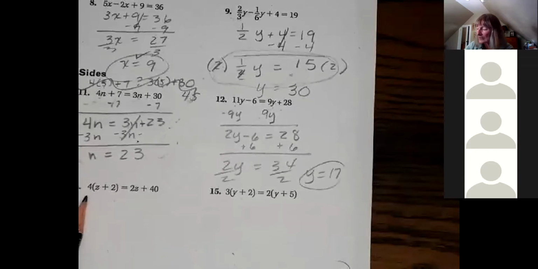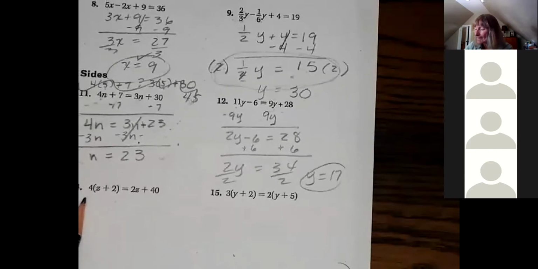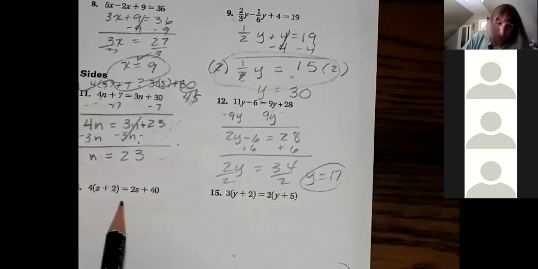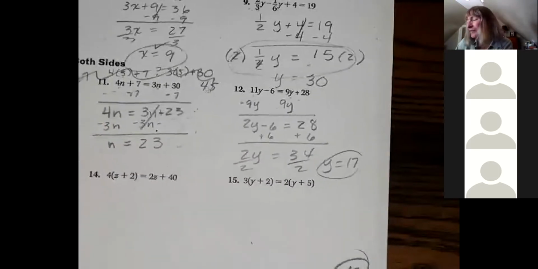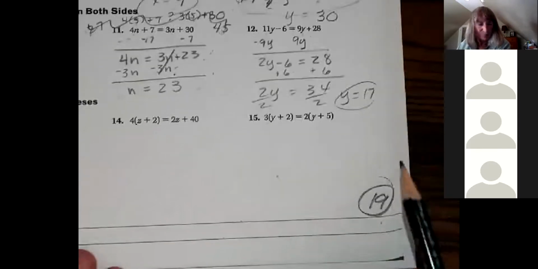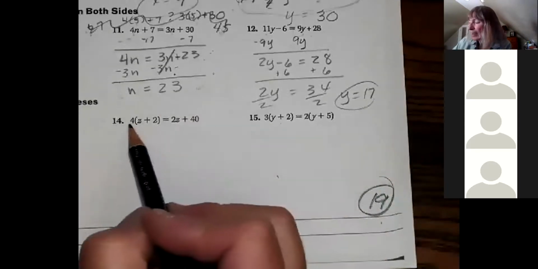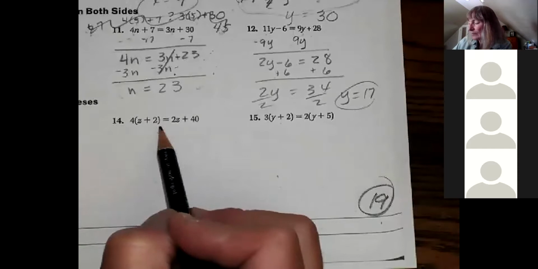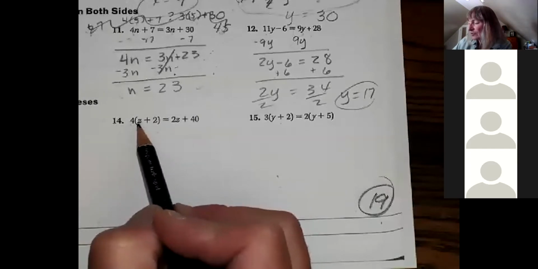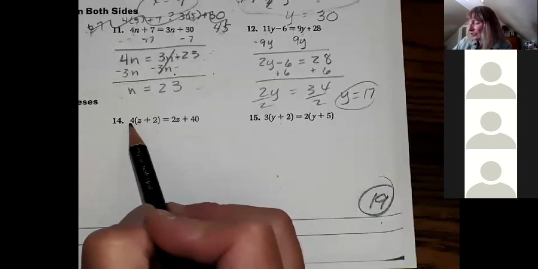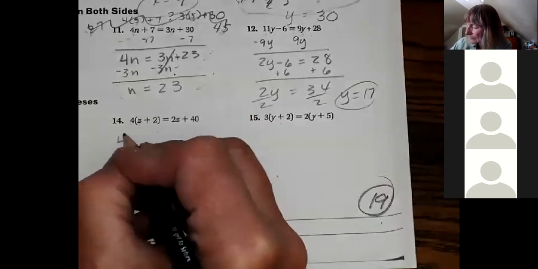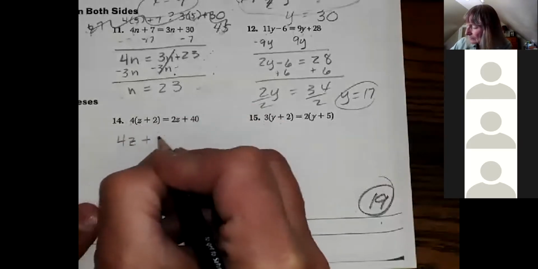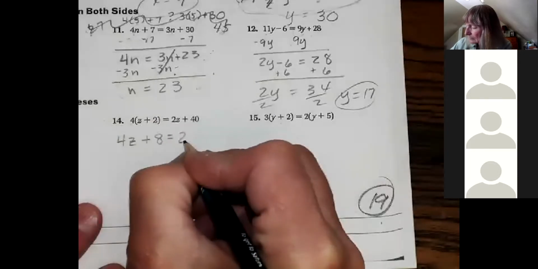With this one, I only see, well, actually, that's okay. So for this one, probably the most straightforward way to solve it is to go ahead and do the distributive property here. So multiply 4 times the first thing plus 4 times the second thing. Wait.